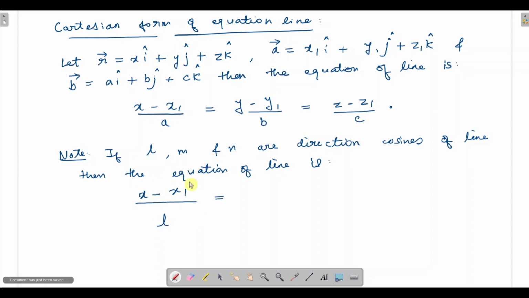So instead of a we get l here, then y minus y1 divided by m, and z minus z1 divided by n. So if l, m, n are direction cosines, then the equation is this.